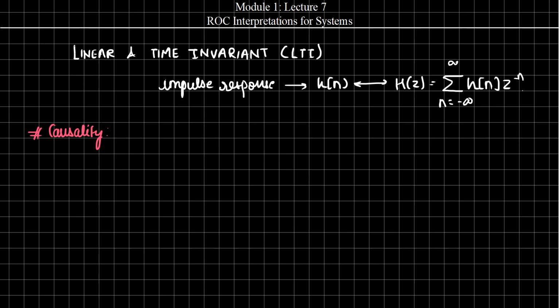Now, by a system being causal, what we mean is the current value of the output depends on only the present and the past values of the input. That is, the current value of output depends only on the current or past values of the input.